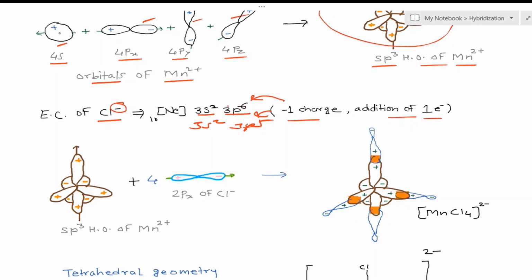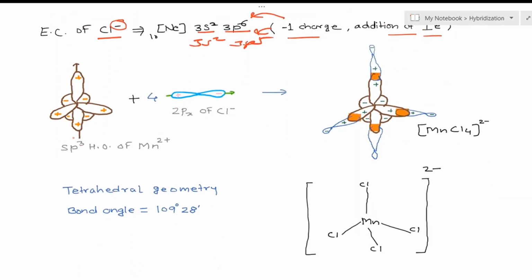These p orbitals overlap with the hybrid orbitals of Mn2+. So here there are sp3 hybrid orbitals of Mn2+ and 4 chlorides, that means 4 ligands are there.